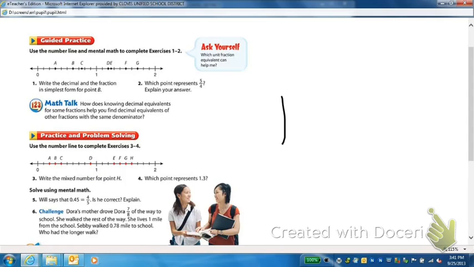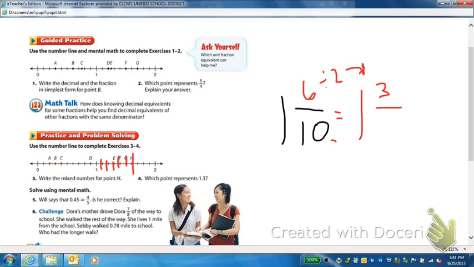My denominator is going to be 10. And we're looking for H. Again, 1, 2, 3, 4, 5, 6. 1 and 6/10. But that can be reduced to 1 and 3/5.